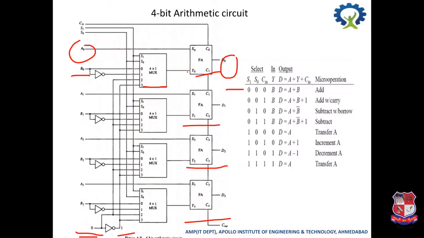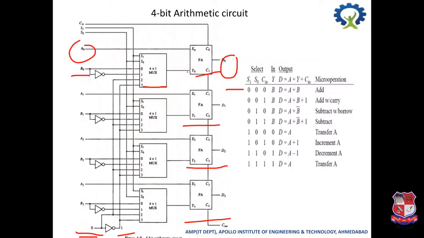Next, whenever S1 S0 is 0 0 and our carry input is 1, at that time A plus B plus 1, meaning add with carry operation, will be performed. Whenever S1 is 0 and S0 is 1, meaning 0 1 is the selection line, the first input line will be selected from the multiplexer. On the first input line, the complement of B is going as an input, so Y is equal to B's complement.